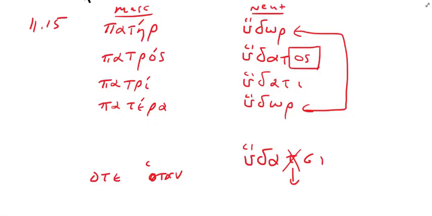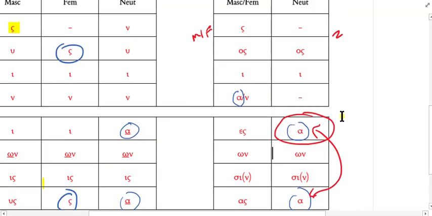Let's go back to our sheet here. Let me find my case endings. It could be accusative singular for masculine or feminine, or it could be neuter, nominative, or accusative plural. So you've got to ask yourself, what's the lexical form and what gender is it if this is a noun? What is the lexical form of hudata? To hudor.